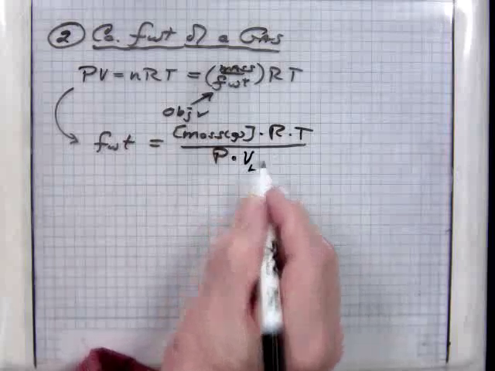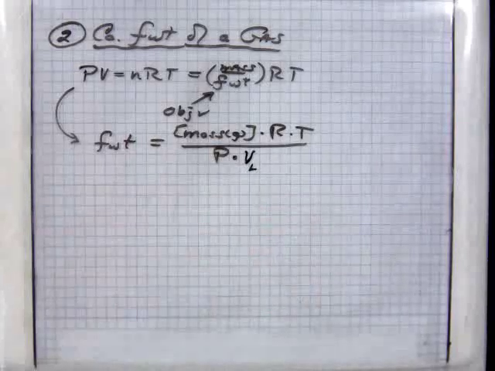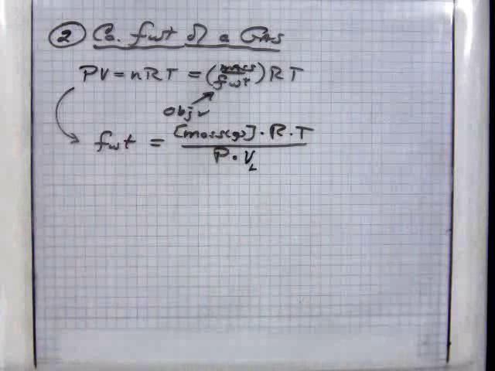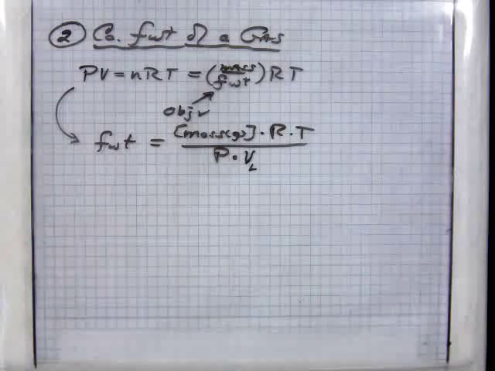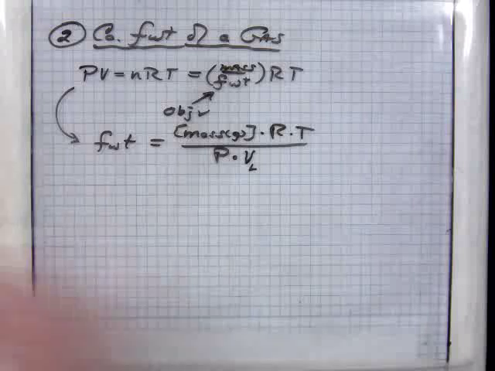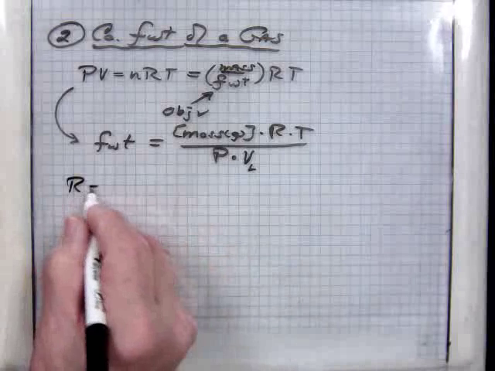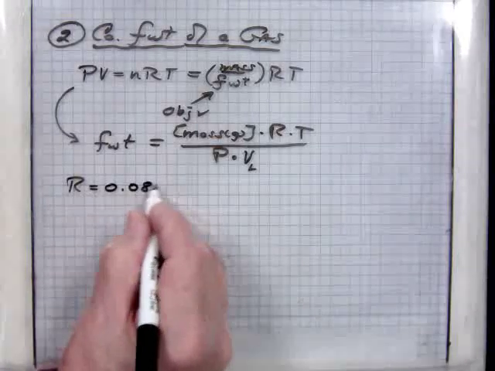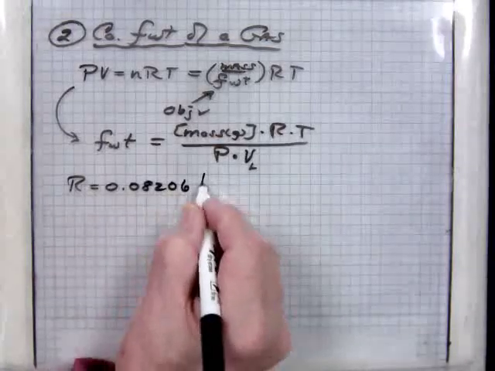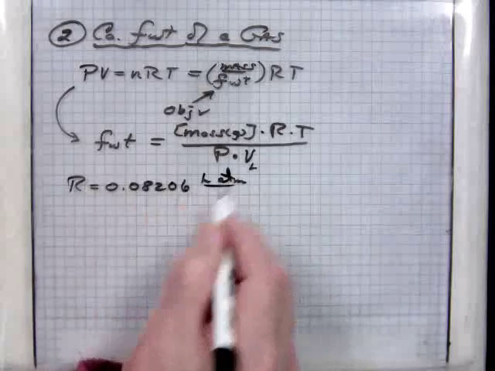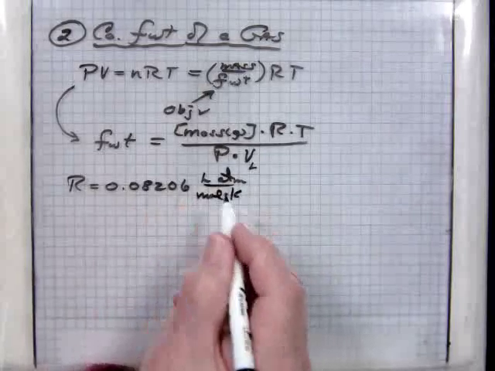It has to be in liters, because remember, in these kinds of problems, when you're using the ideal gas law, the units need to conform to the R value, where R equals 0.08206 liter atmospheres over mole Kelvin.